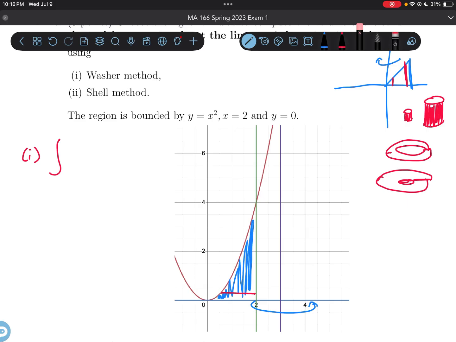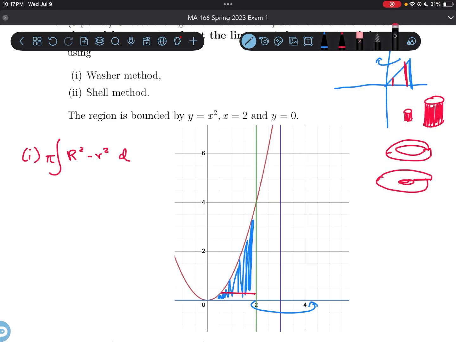Since we're adding washers, and a washer is basically a circle with another circle taken out of it, the formula we use is pi times big R squared minus little r squared, dx, or dy, depending.